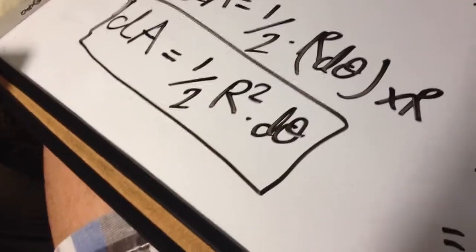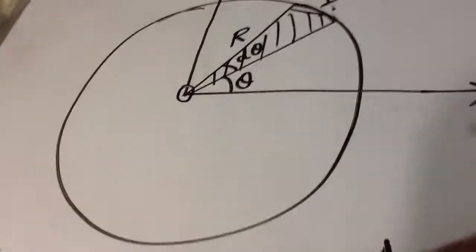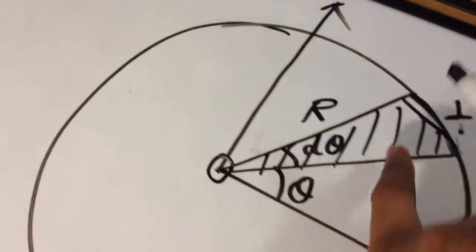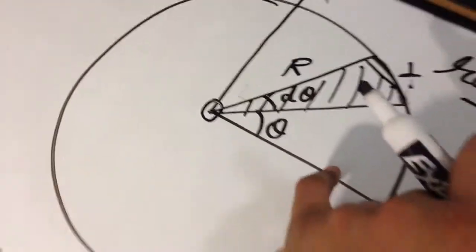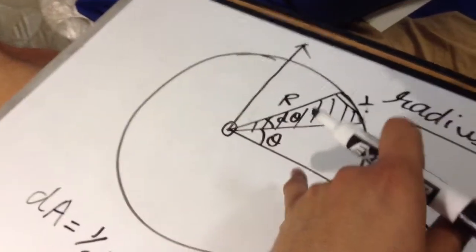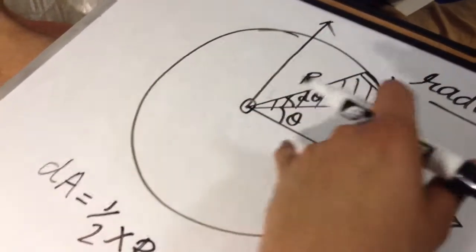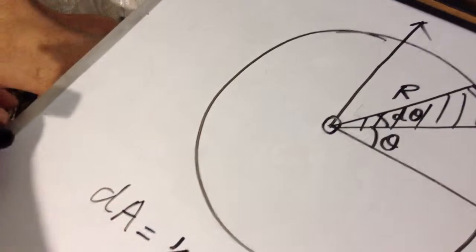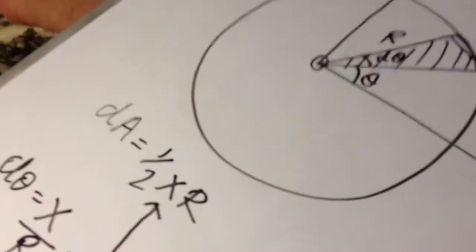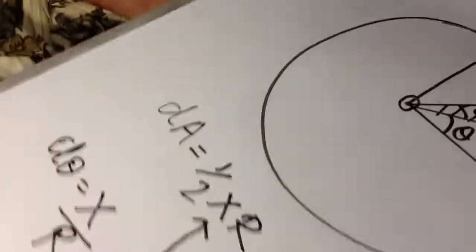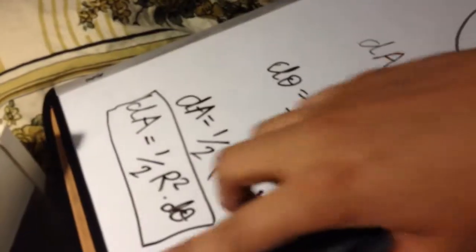Now I need the net area, A. If I have the small area of this strip, I can obtain the net area of this entire big circle by integrating it from 0 degrees to 360 degrees, or 0 to 2 pi. So I'm just going to keep the expression that we just derived, the last expression.